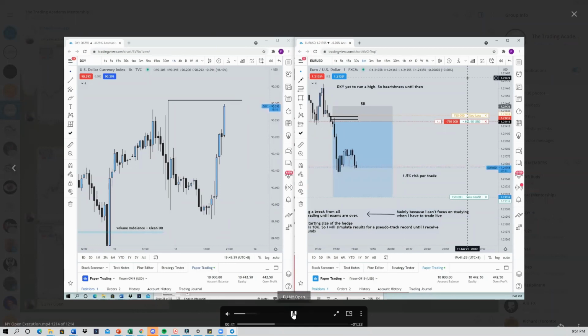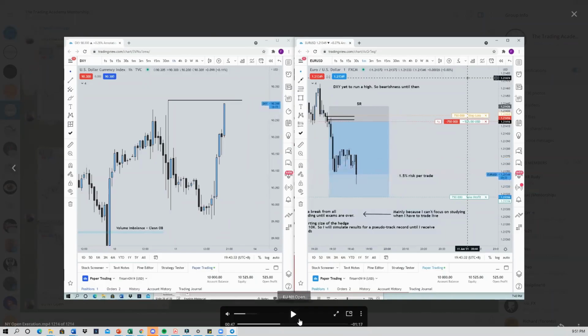Okay, now let's see over here how it goes. Okay, now see, you have this small high over here. So one, another one here, two, another one here, three, and then we move down, right?